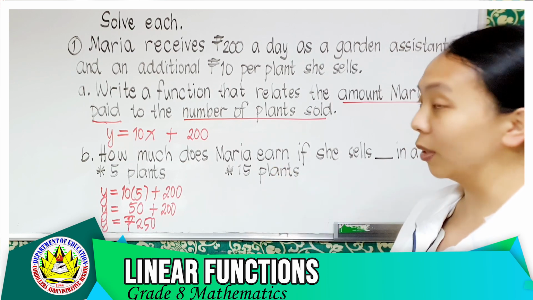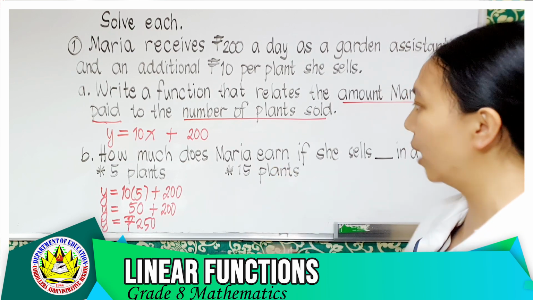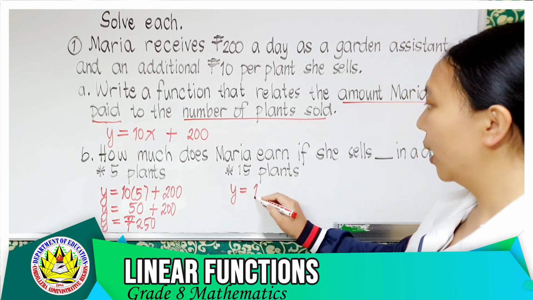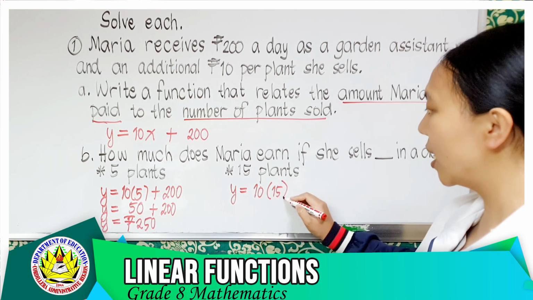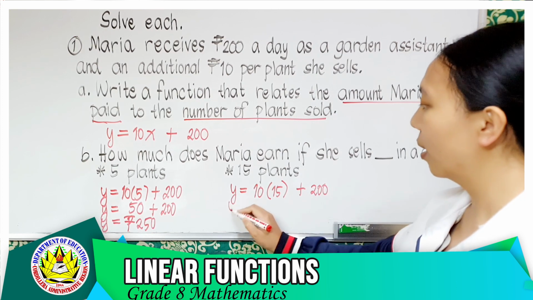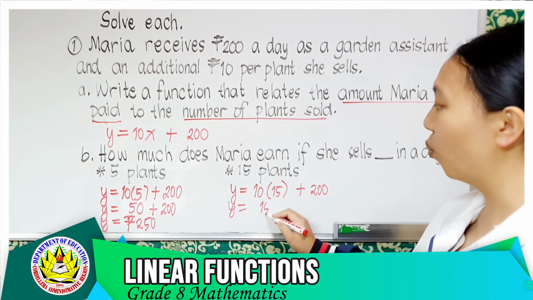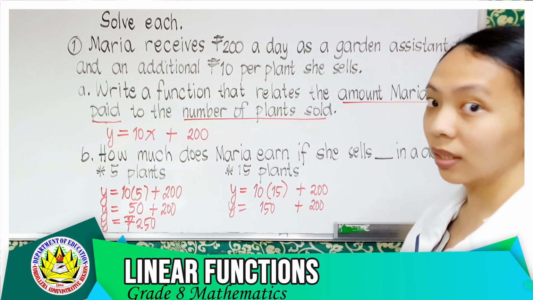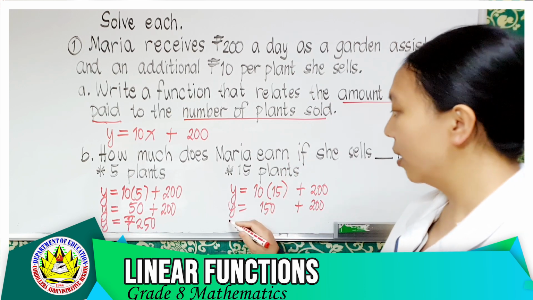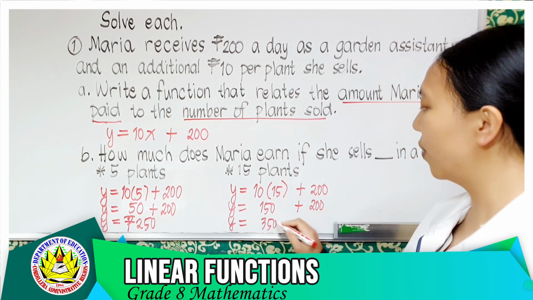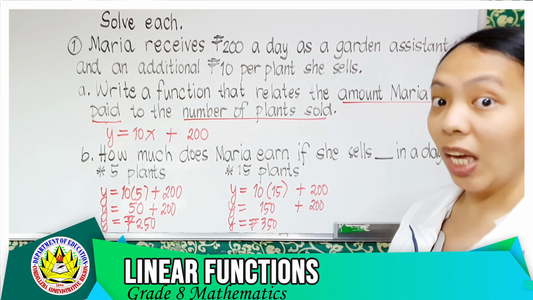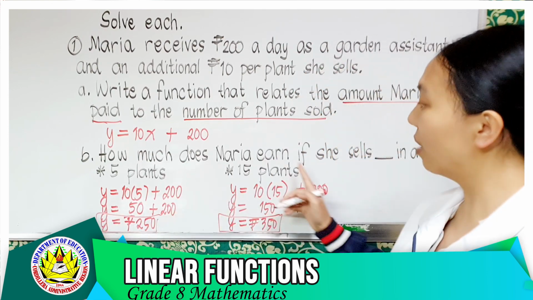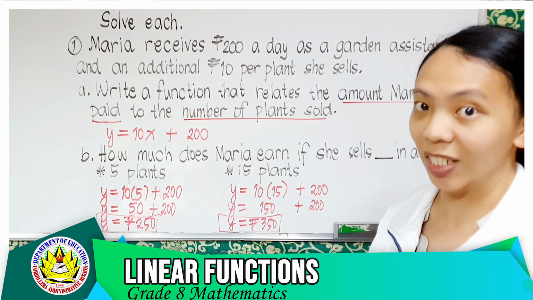If she would be able to sell 15 plants, on the other hand, she would be able to bring home a total amount of 10 times 15 plus 200. 10 times 15 is 150. We add 200 pesos and 150 pesos. That would be 350 pesos. Here are Maria's earnings for the respective number of plants she would sell in a day.